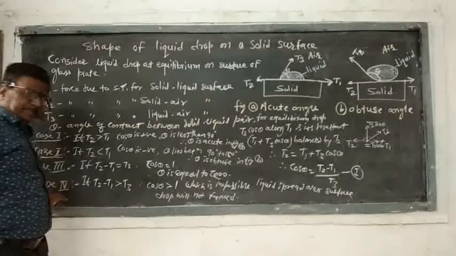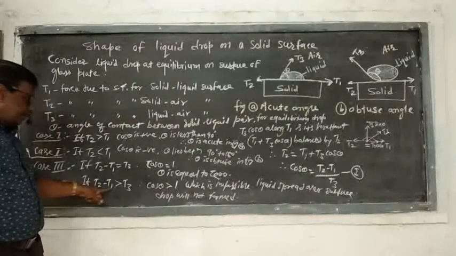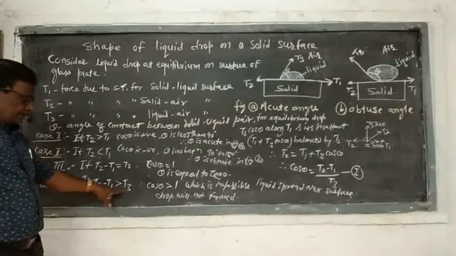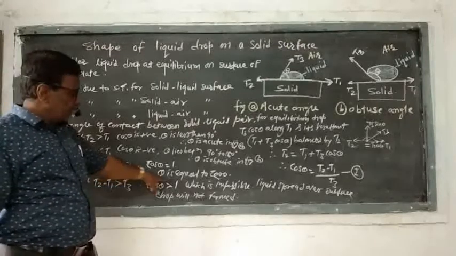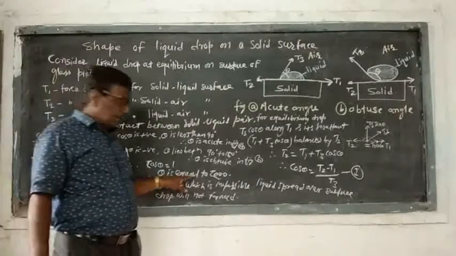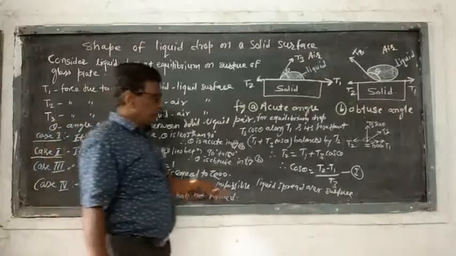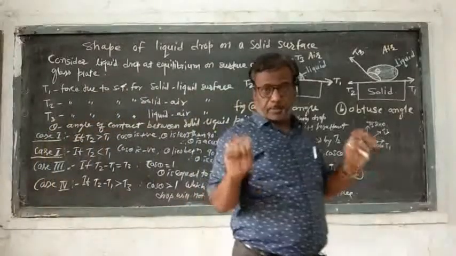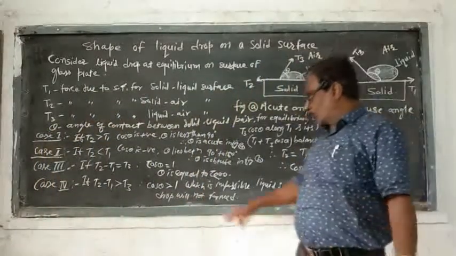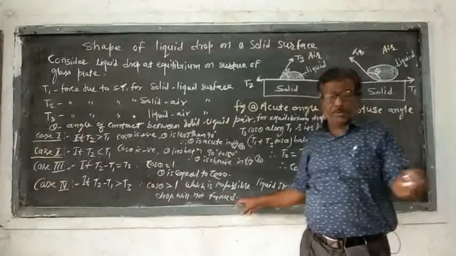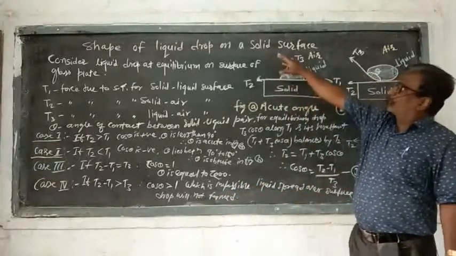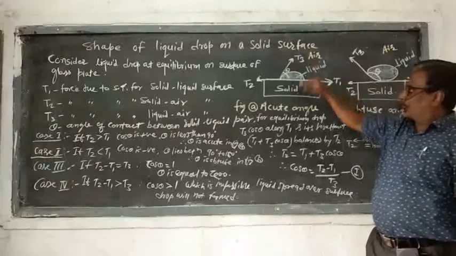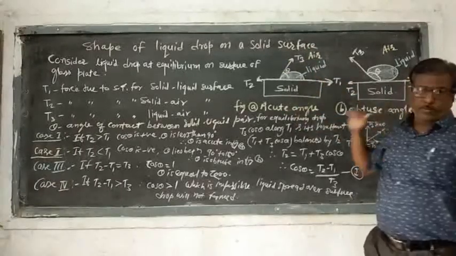And fourth case, if T2 minus T1 is greater than T3, then cos theta would be greater than 1, which is impossible, so the liquid will spread over the surface of the solid and the drop will not form. So this is about the shape of a liquid drop on a solid surface for an acute angle and obtuse angle.